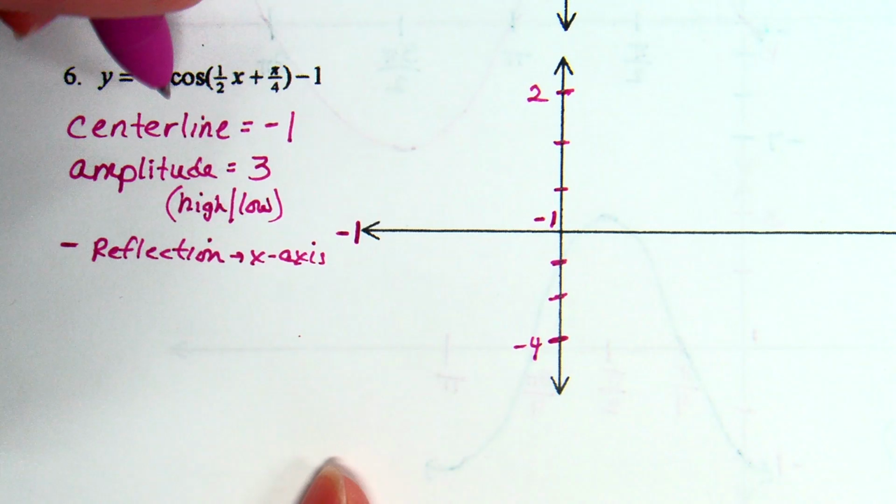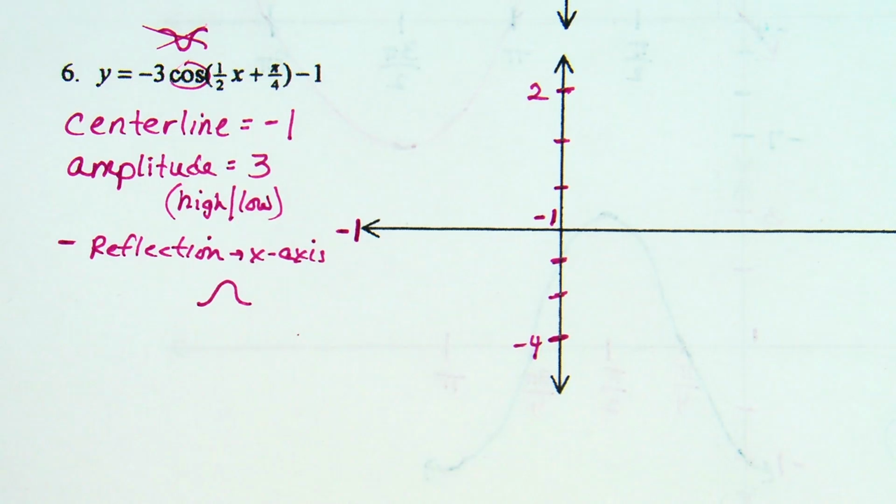Our cosine is going to be a mountain instead. We're going to start low, go high in the middle, come back low. I can't really draw that on right now, so I'm kind of done drawing on the graph for the moment.